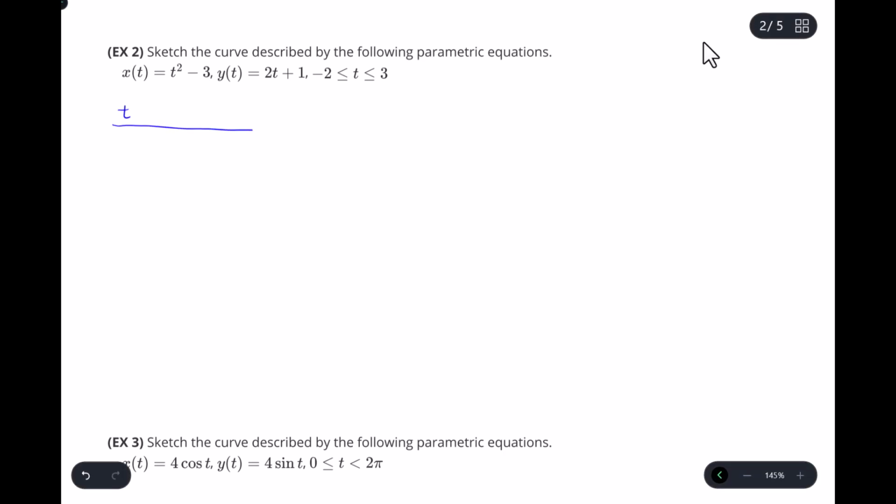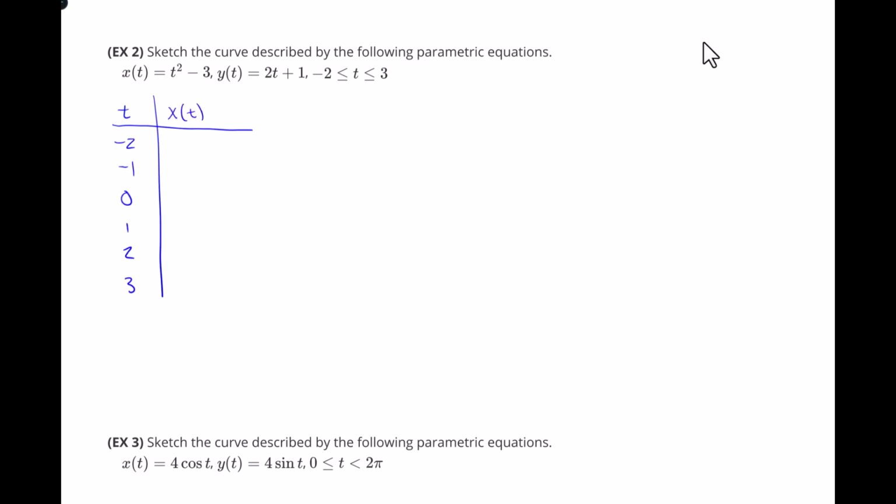We want the values of t, and we just need enough values that we can actually draw a decent sketch of our graph. X of t, I'm just going to take each t value and plug right into the function. So right now I'm working with this function right here, t squared minus 3.